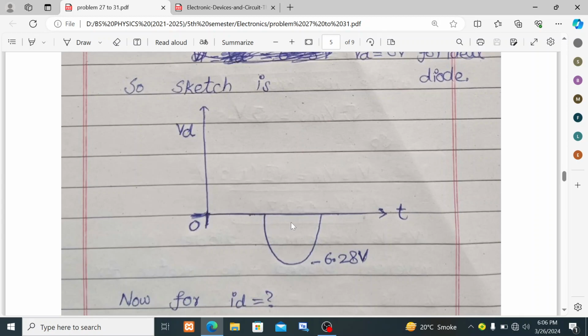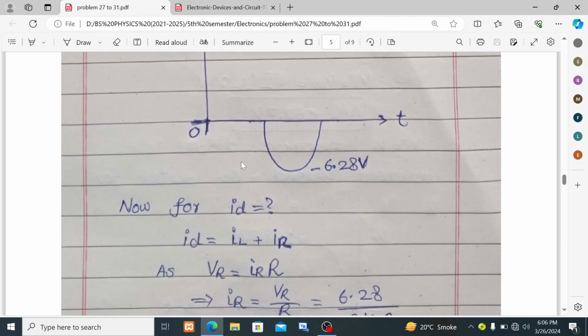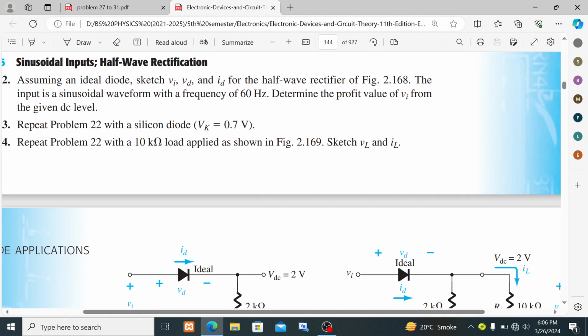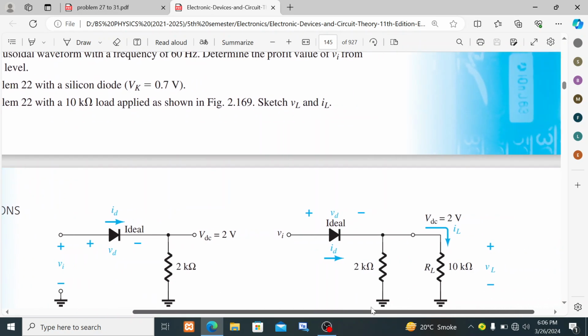I told you earlier how this comes. Now we can find Id. Here Id is equal to the sum of two currents. Id is flowing and it divides into two, IR and IL. So Id is equal to IR plus IL.